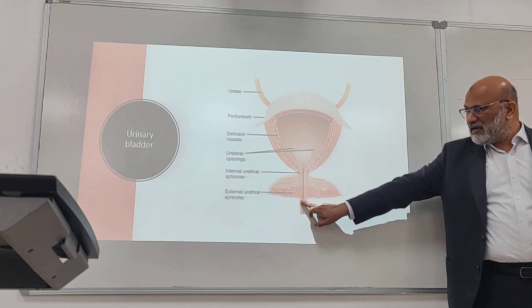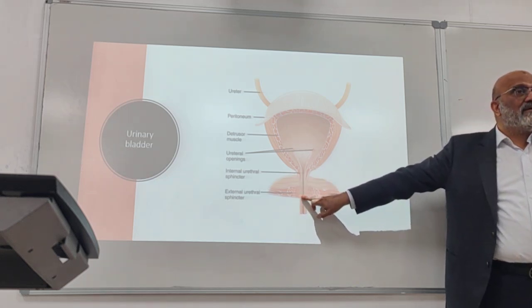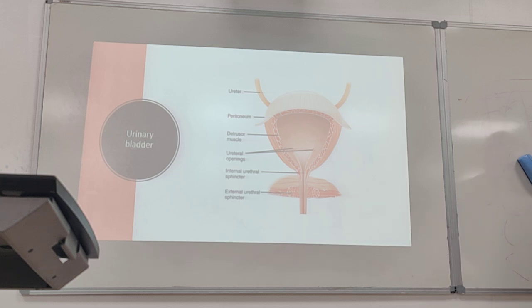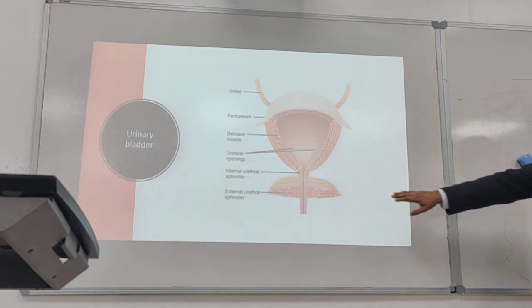But this place is in my control. What is this? External urethral sphincter. Two things are not in my control. The thing which is in your control, is it controlled by the autonomic nervous system? No. So we have got a special nerve, which is called the pudendal nerve, which controls this area.